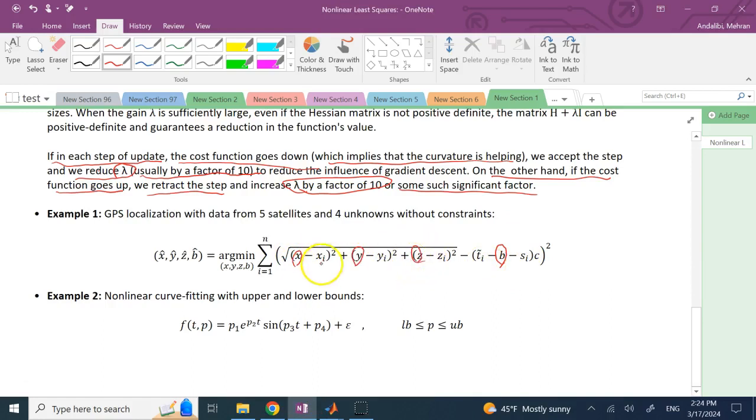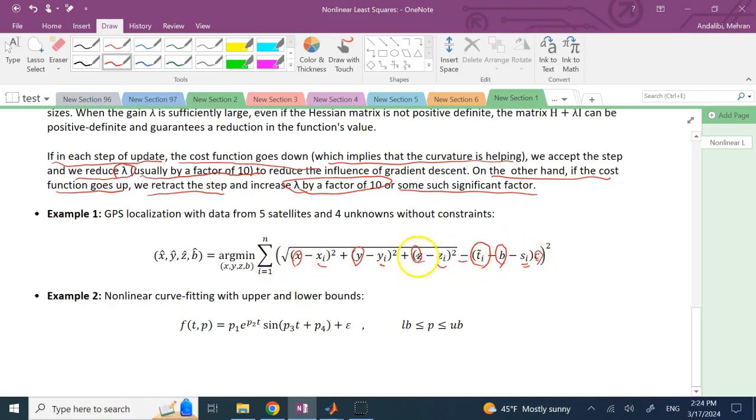And the data that you have are XI, YI, ZI, which are the locations of the satellite that you are receiving information from, and the time of the satellite. Also, this is the time of the signal received in your receiver, and C is the speed of light. So you have, depending on how many satellites you have, n of these.